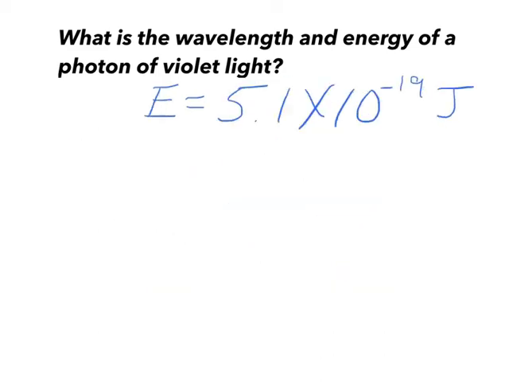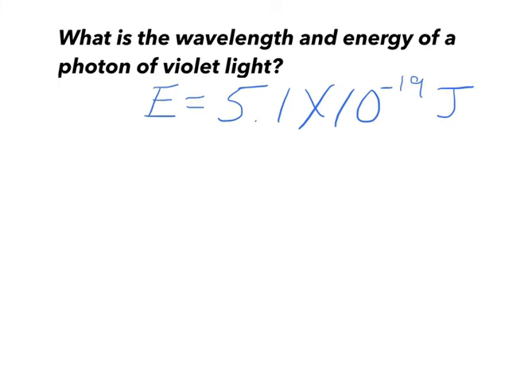Now, before we leave this problem, let me also show you something that can be quite useful to us later on. We just figured out that the energy of a photon of violet light is 5.1 times 10 to the negative 19 joules. Now, sometimes it will be important not to use joules, but to convert to a unit called electron volts. You may have remembered this from back when we did electricity. On our reference tables, there is a conversion factor that 1.6 times 10 to the negative 19 joules of energy is called 1 electron volt.